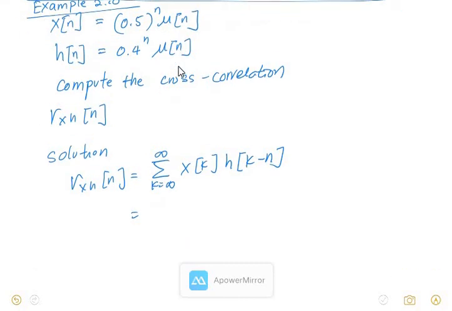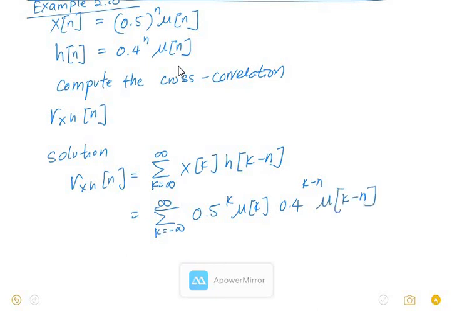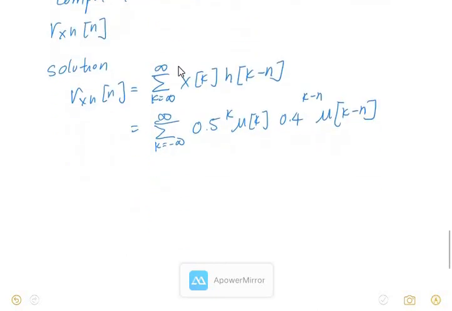So now the summation from minus infinity to infinity of 0.5^k u[k] times 0.4^(k minus n) u[k minus n]. Now I plot the graph to get the limits.